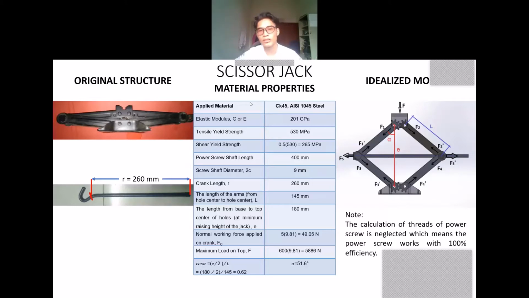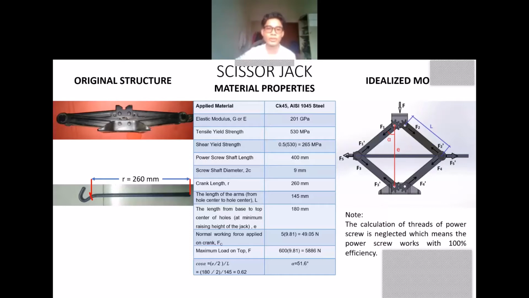We have researched that the material for the scissor jack structure is carbon steel AISI 1045.